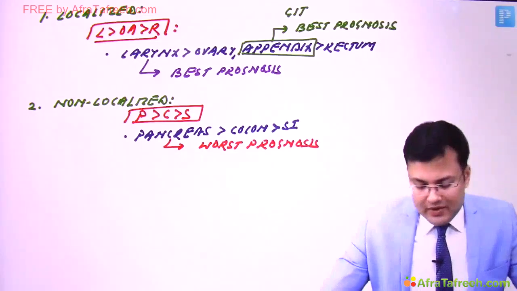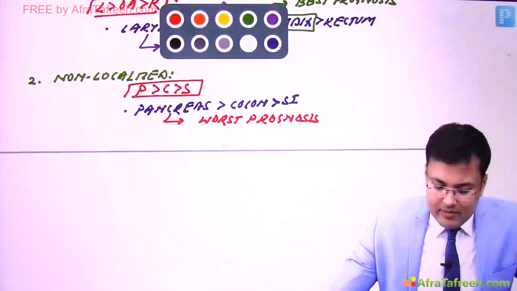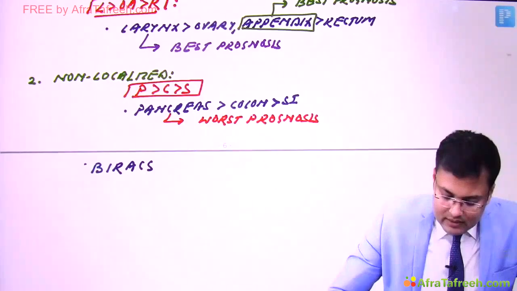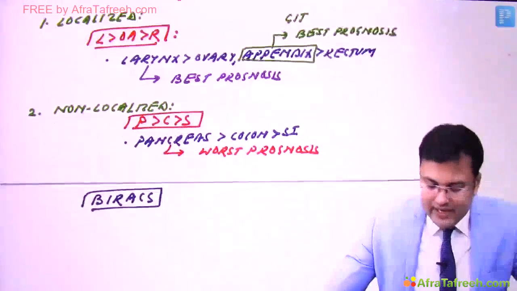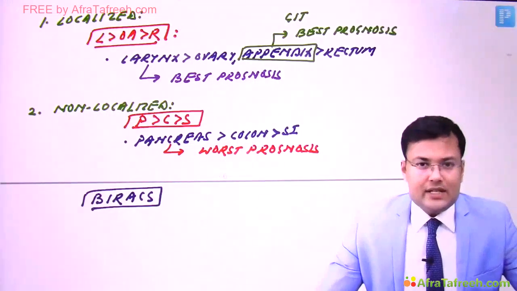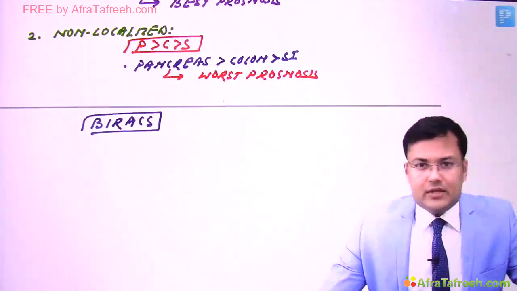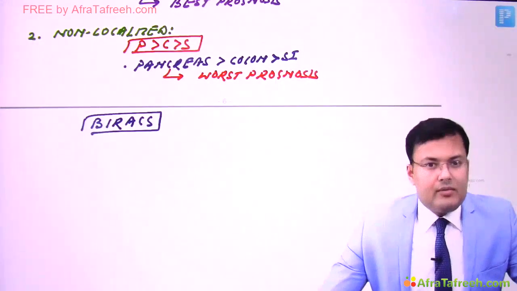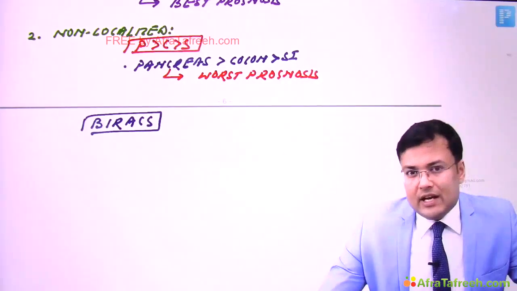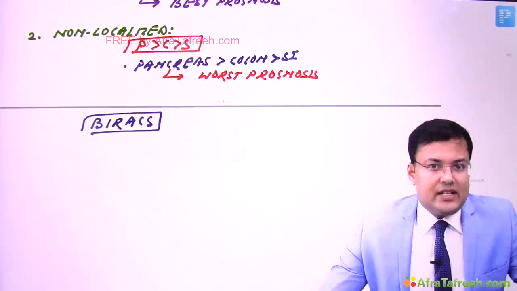Clear? So we discussed three mnemonics you have to remember: one was BIREX, second was LOAR, and third is PCS, right? You can crack most of the questions. Sometimes there is a twist in the question. If you remember this BIREX, see the question: what is the most common site of carcinoid tumor in GIT?